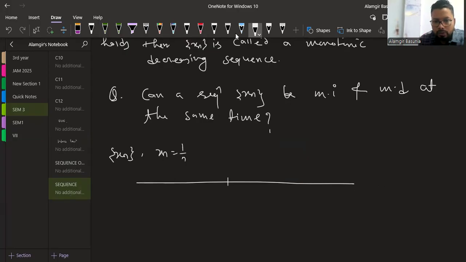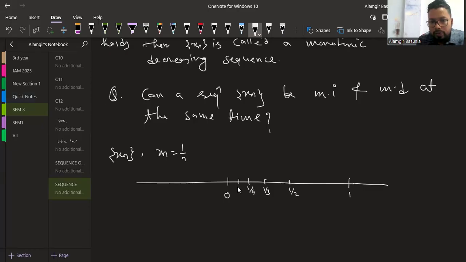Suppose this point is 0, here is x_1, 0, 1. Then obviously this point is one half. This point is 1/3. This point is 1/4.